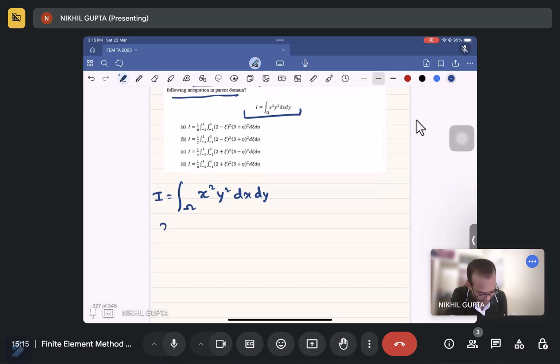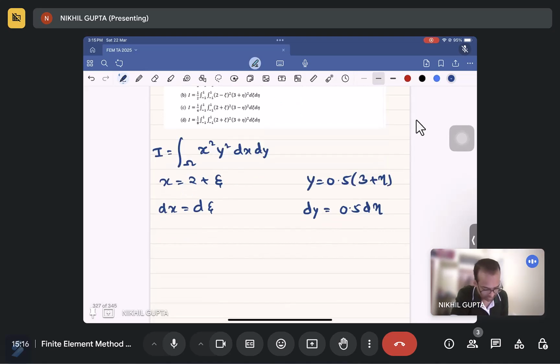Now we have calculated x as 2 plus xi and y is 0.5 times 3 plus neta. So here we can write dx equals d xi and dy equals 0.5 d neta. So we can substitute x and y in the main integration problem, and what we'll get? We'll get 2 plus xi whole square and 0.5 times 3 plus neta whole square with d xi and 0.5 d neta.